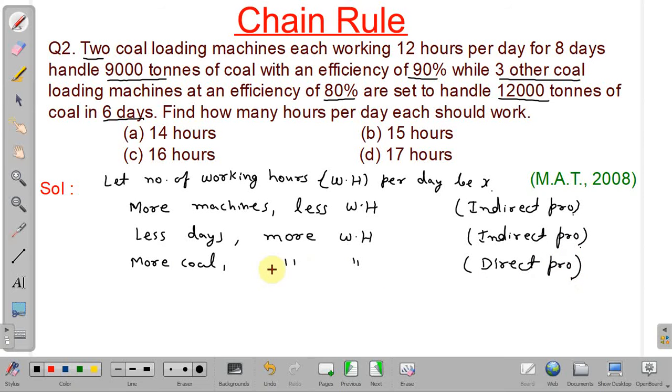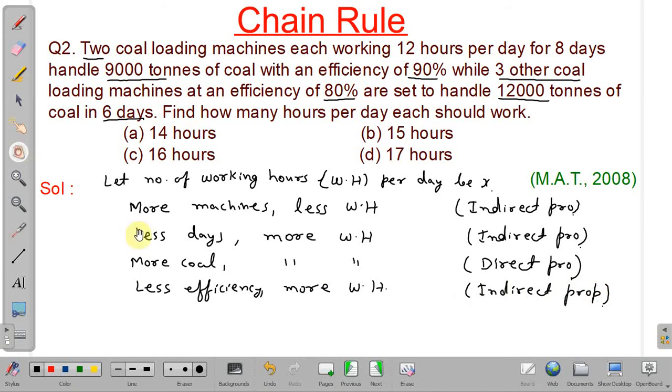Fourth parameter is efficiency. So in second case efficiency is only 80%. So less efficiency, more working hours. So it is indirect proportion.